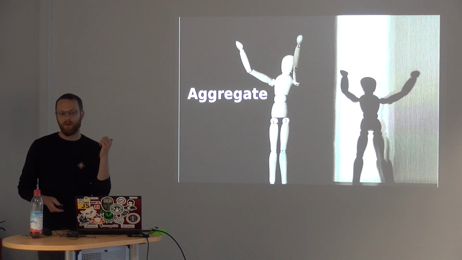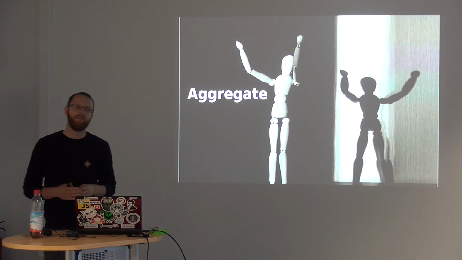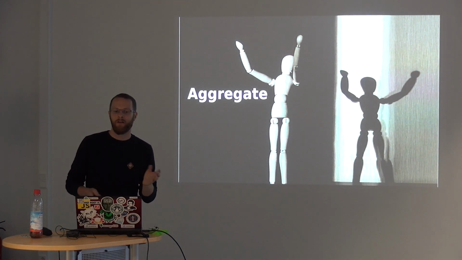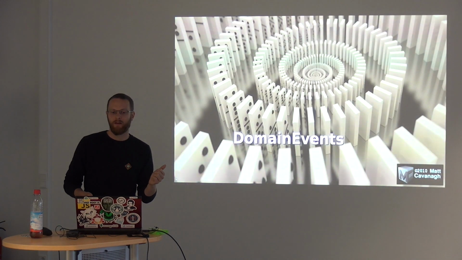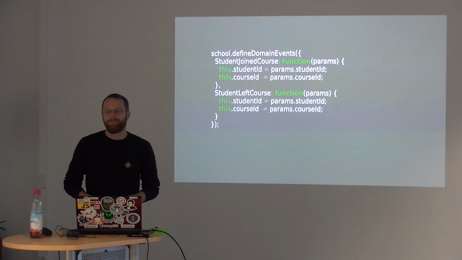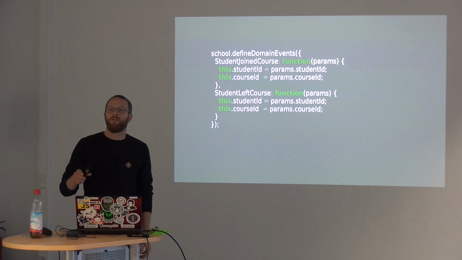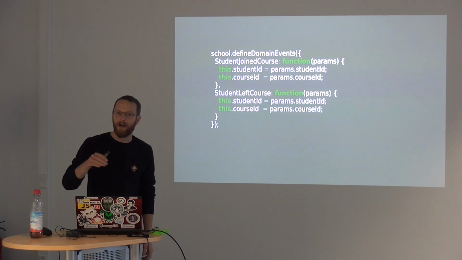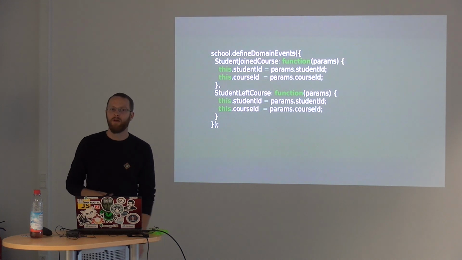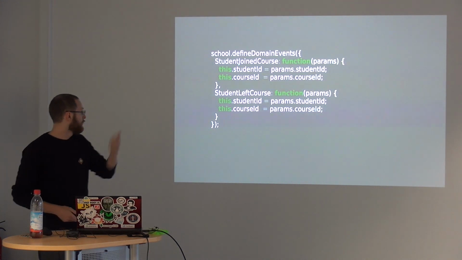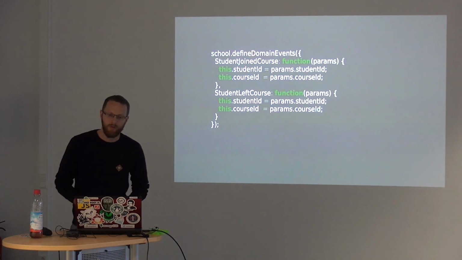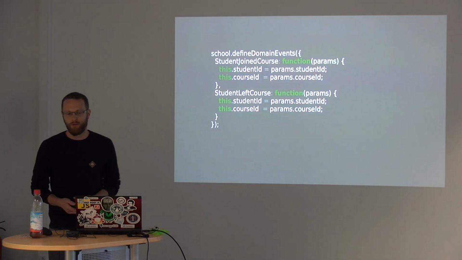What we looked at before were domain events, something that happened in the past, but you need something that describes the behavior. As we said, student joins course or student leaves course. That's a command, a behavior method, and it ends up with a domain event, which says that it happened. We are familiar with events. We are using Node, so.